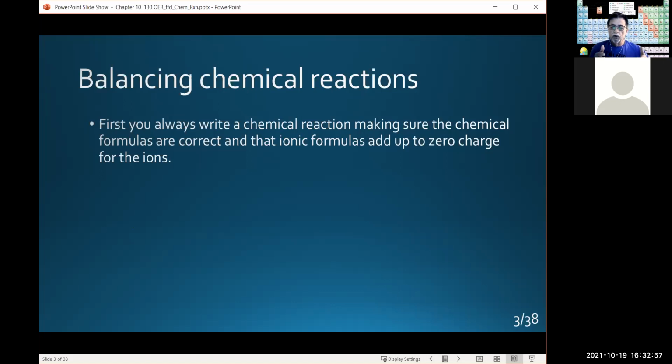We could be given a sentence or two describing a reaction, and based on our knowledge of these elements and the ions, whether they're diatomic or metals or non-metals, and their physical state, whether solid, liquid, or gas, we're going to piecemeal a chemical reaction. That's what we're going to be doing. Once we do that, we're going to learn to balance it.